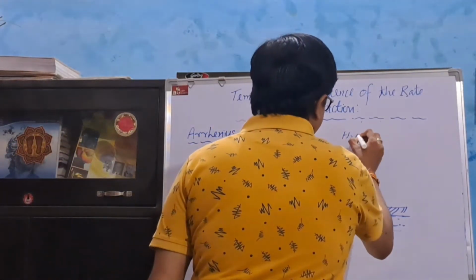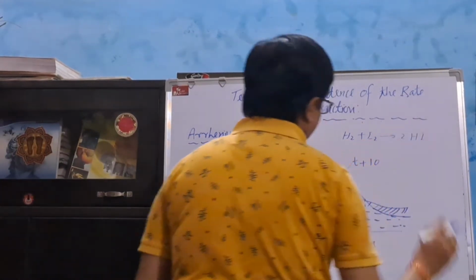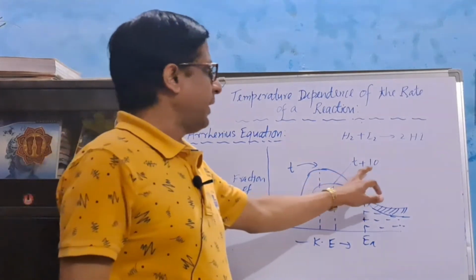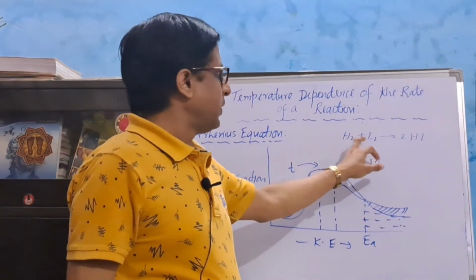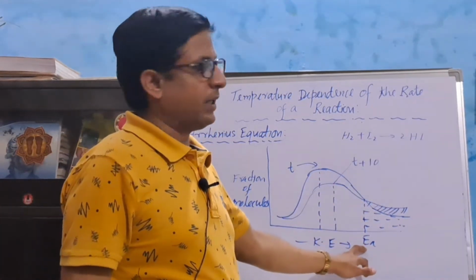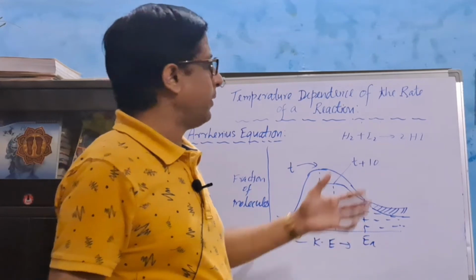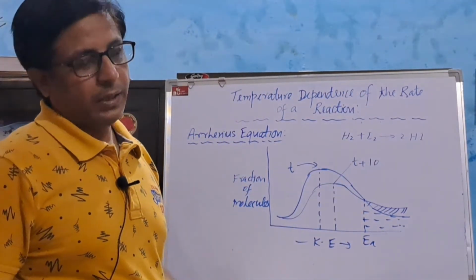Let us consider H2 plus I2 giving 2HI. If we increase the temperature by 10 degrees centigrade, then the number of reactant molecules, hydrogen and iodine, having energy greater than activation energy increases. Therefore, the number of product molecules HI also increases.